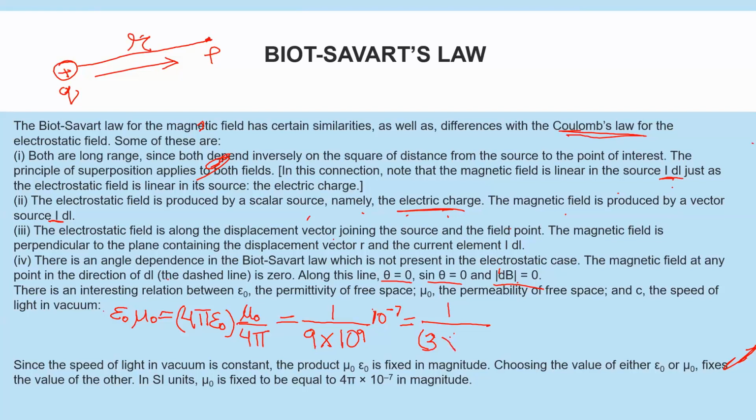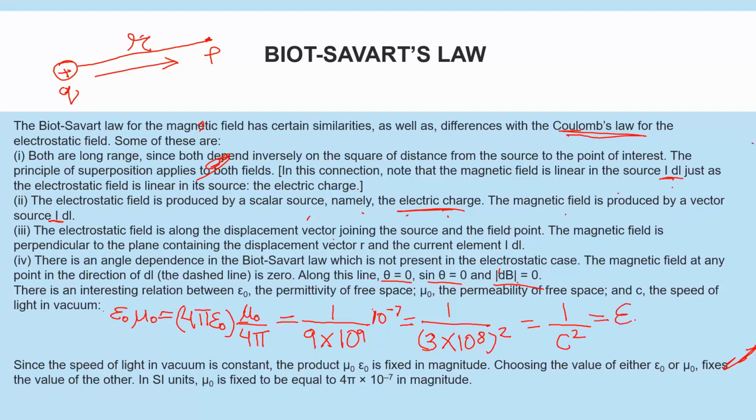We try to get it in the square form, so 3 into 10 raised to 8, squared. Now as we know, 3 into 10 raised to 8 is the speed of light. So this we can say is equal to 1 upon c square.